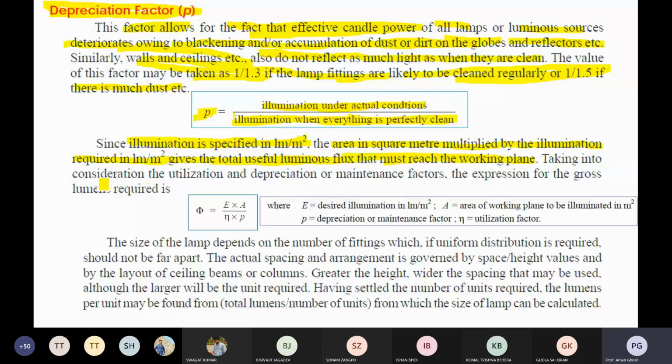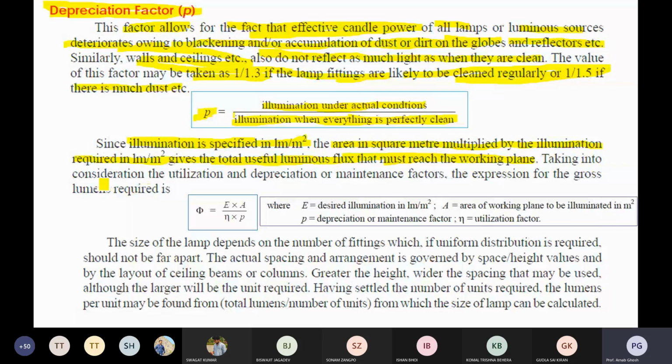Simple thing. The size of the lamp depends on the number of fittings, if uniform distribution is required. Number of fittings depends on how much uniform distribution you are asking for. And for the spacing, the actual spacing and arrangement is governed by space-to-height values and by the layout of the ceiling beams or the columns.